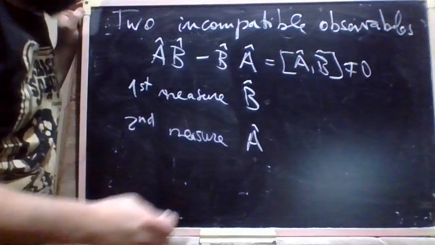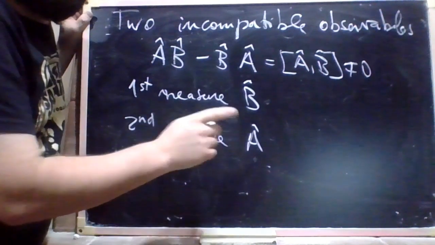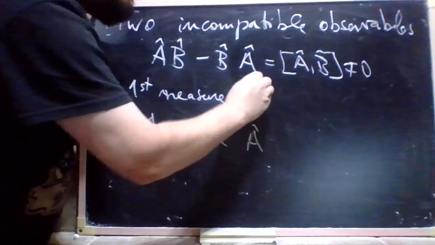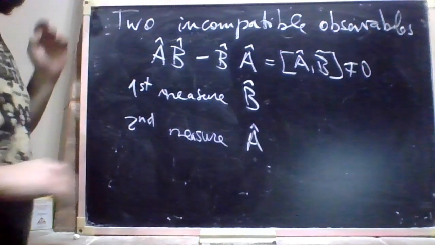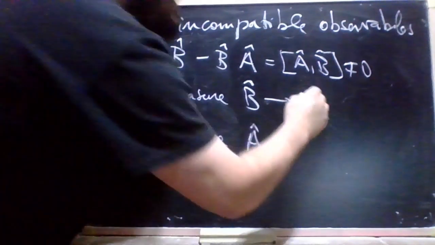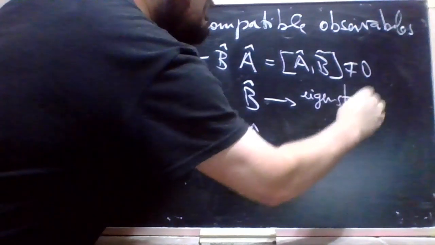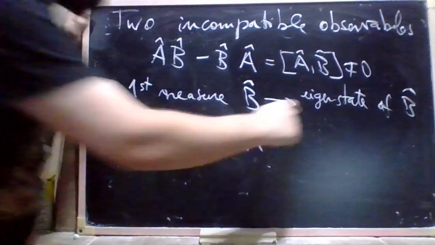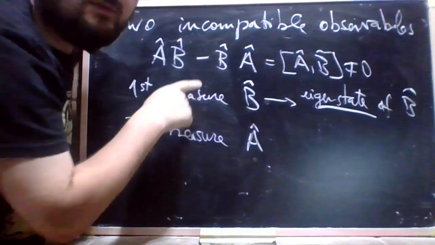It is destructive because anytime you measure, your state goes to an eigenstate of that operator. Okay? So this is a hat here representing an operator. It's not a unit vector. So if you measure first B, the state will collapse to an eigenstate, an eigenvalue of B, right? But this eigenstate of B is not an eigenstate of A because they are not compatible.